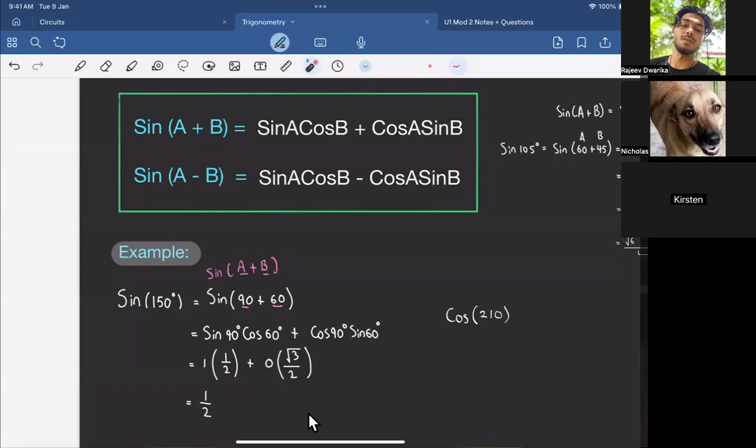What mode is your calculator in? By chance, did you get minus 0.952? What was the answer that you got?